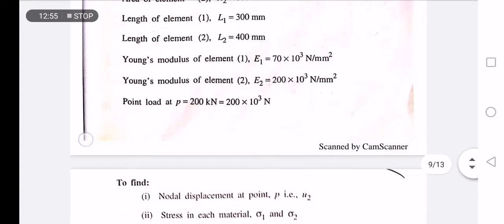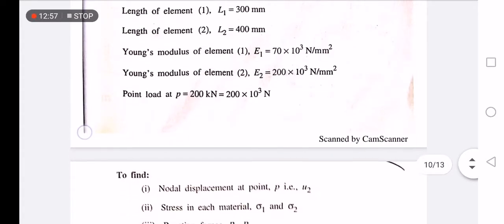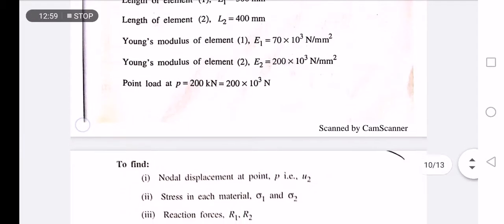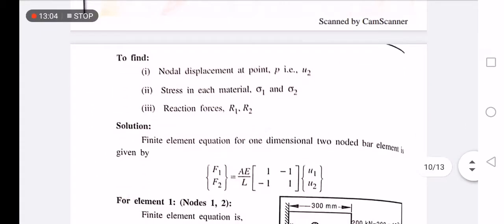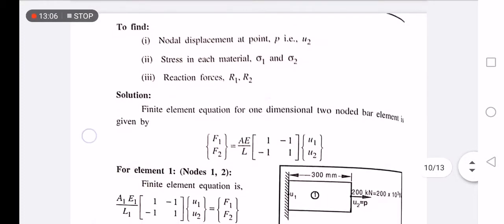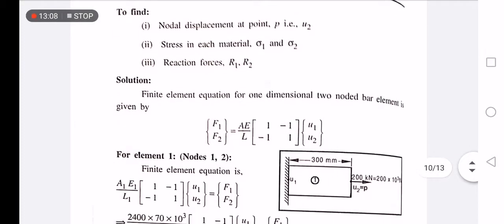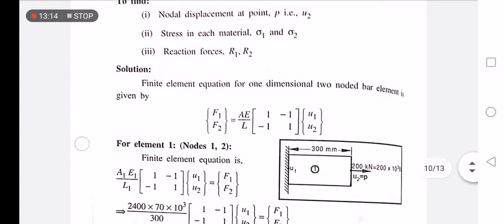The point load at P is 200 kilonewton, it is also given. So we need to find the nodal displacement at point P, that is U2, stress in each element, sigma 1 and sigma 2, and reaction forces R1 and R2.